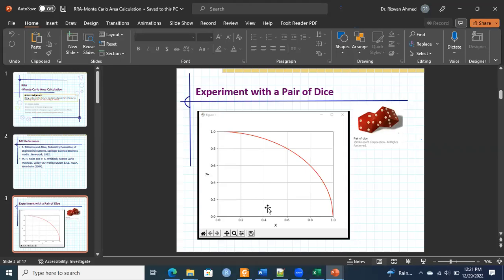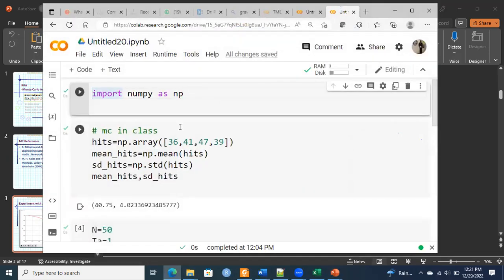So we generated the x coordinate by throwing two dice, and we generated the y coordinate of the point by throwing the die.